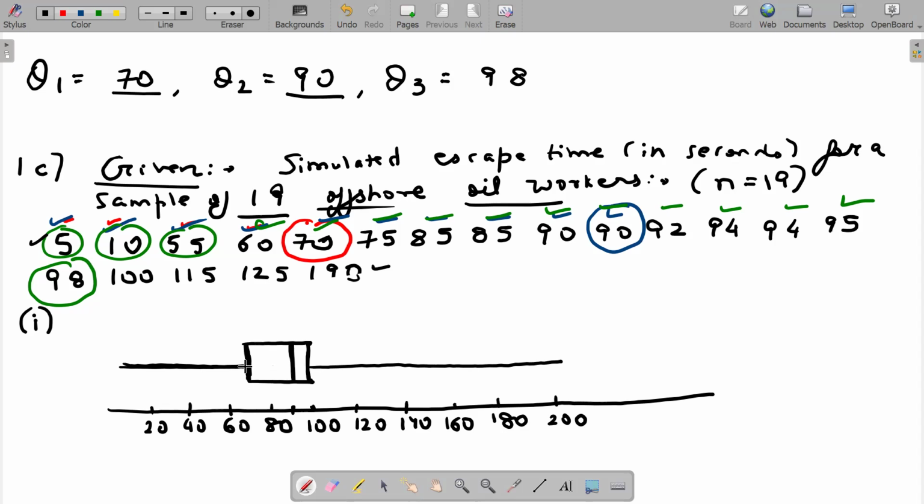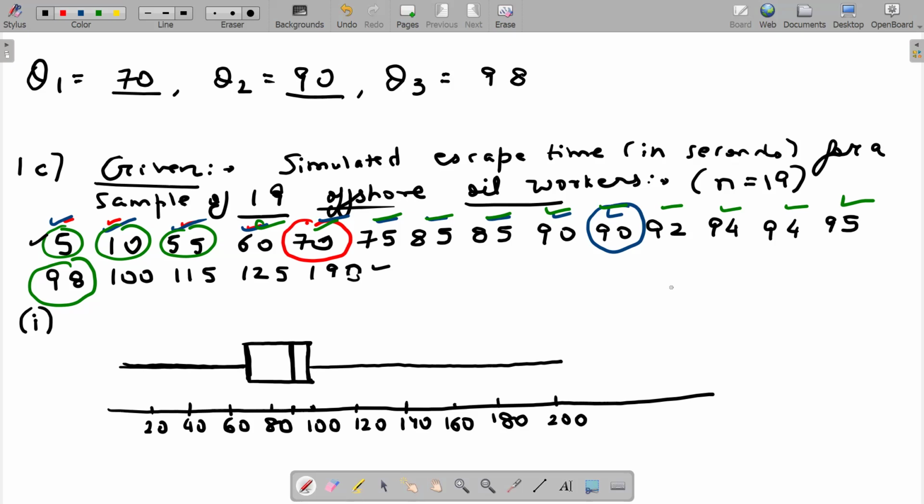Okay, so if you look at the data, because 90 is the median, you will see that a lot of values are to the left of 90 as compared to the right of 90. So I can say that the data appears to be negatively skewed.